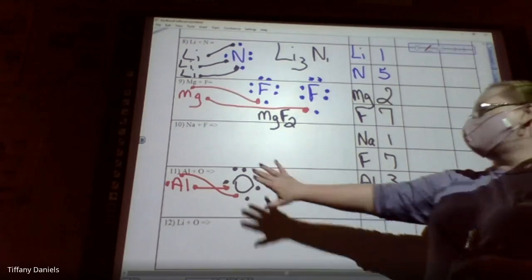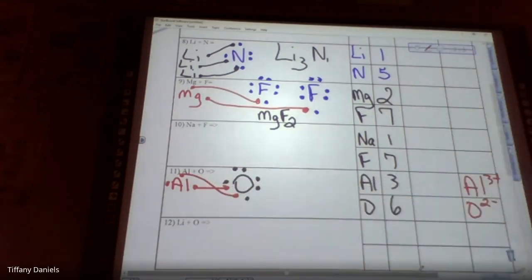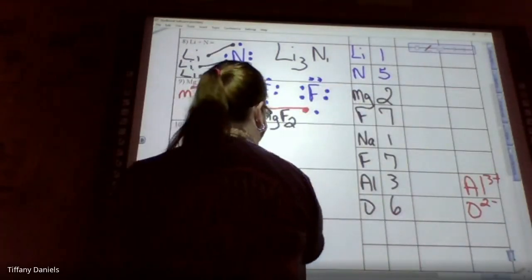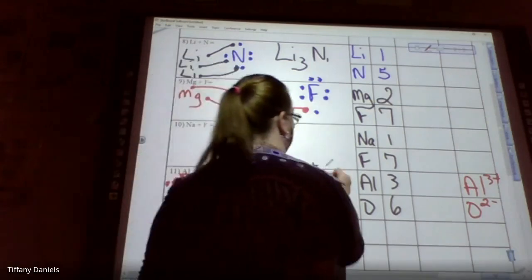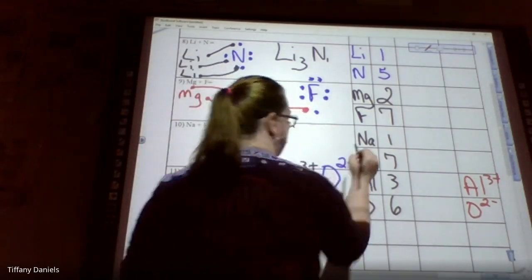Okay. So when you have a big one like this where you know that you're going to have to keep drawing, and the question asks you for a model, and it doesn't necessarily say it has to be a Lewis model, you do have the ability to write Al 3+ and O 2-.